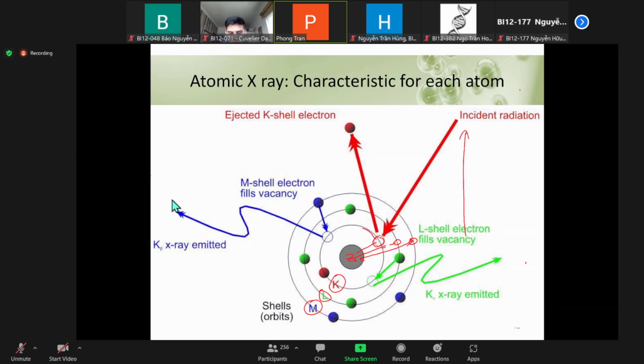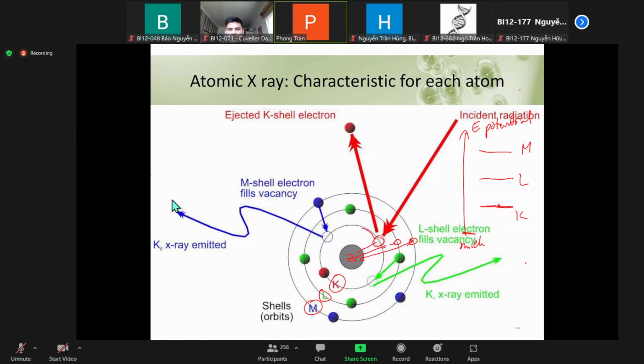If you put the nucleus here, then the first layer is K, the second layer is L, and the third layer is M. The electron in the M layer, the outermost layer far from the nucleus, has the highest potential and can easily be removed. The electron in the K shell, because it is very close to the nucleus, has very low potential but strong binding energy with the nucleus.